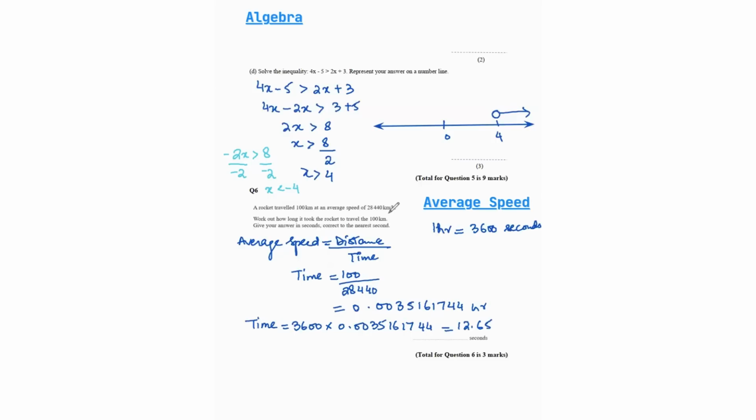So obviously that gives us 13 seconds. That's your answer. So key takeaway from this is that you need to remember what 1 hour equals in minutes and seconds, and the other way around. 1 hour is 60 minutes, 1 hour is 3600 seconds, and 1 second is 1 over 3600 hours, and 1 minute is 1 over 60 hours.